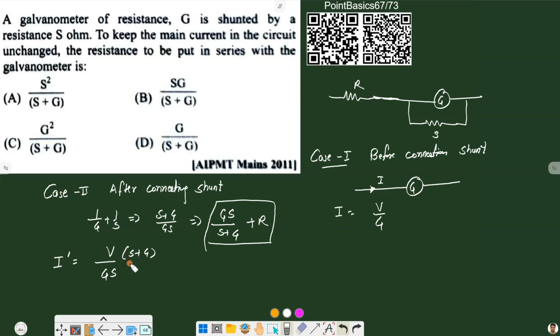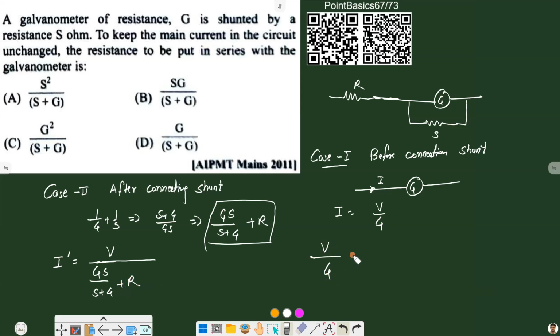So I dash will become V by GS by S plus G, plus R. Now we will compare both of these.